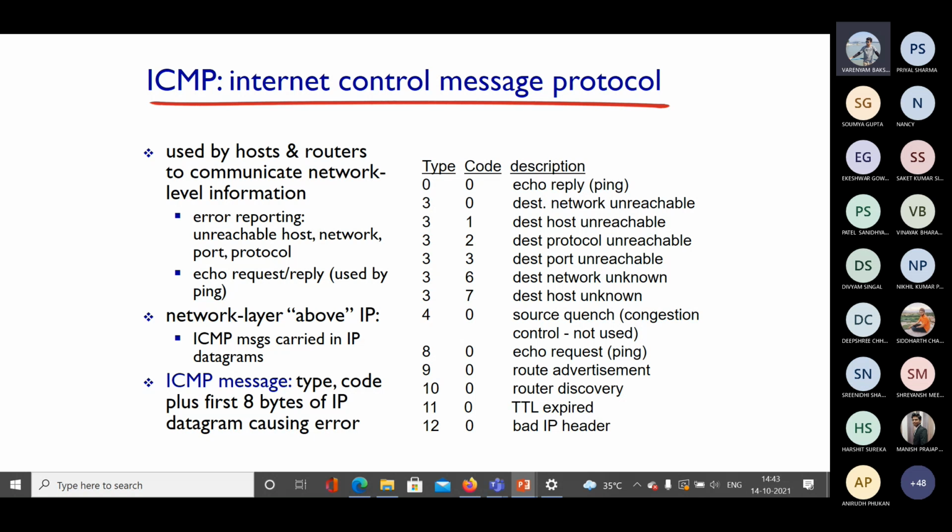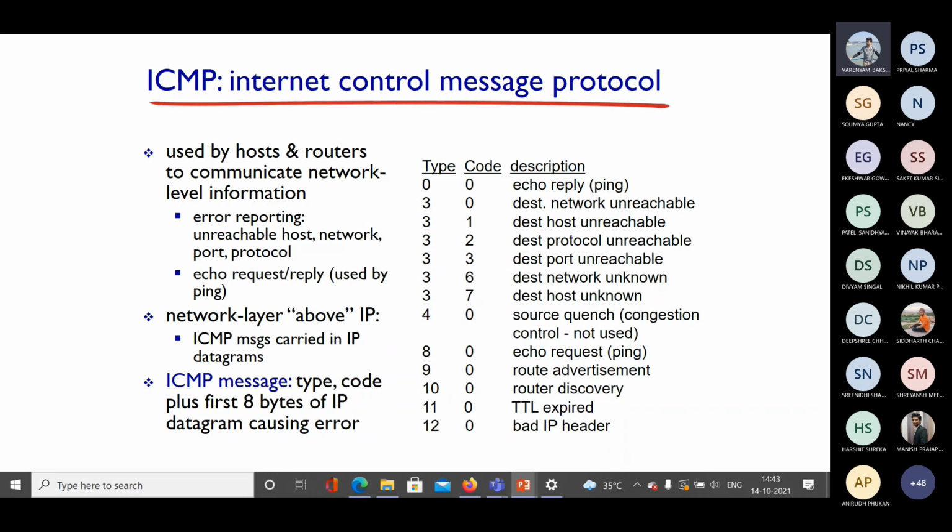Then we came to IP addressing, which we have already studied by now. And then we had a part called ICMP. We still have the routing part left, but we are currently at the ICMP part. So what is ICMP? ICMP is Internet Control Message Protocol.